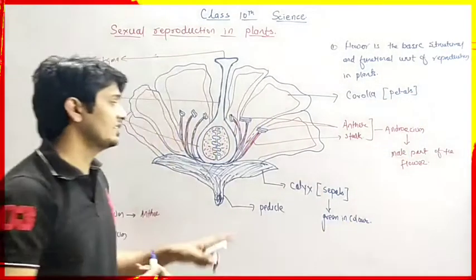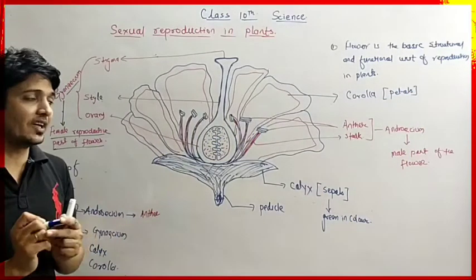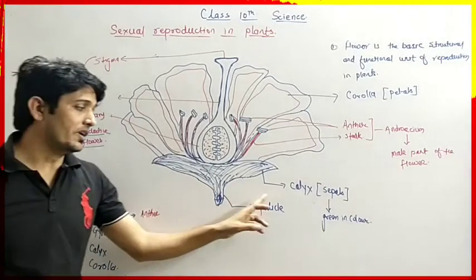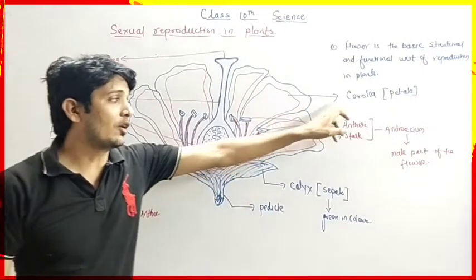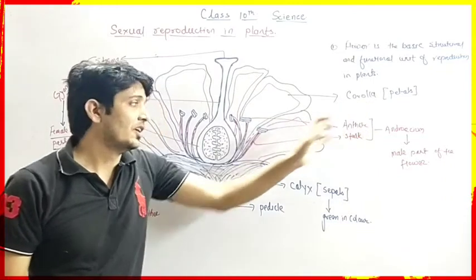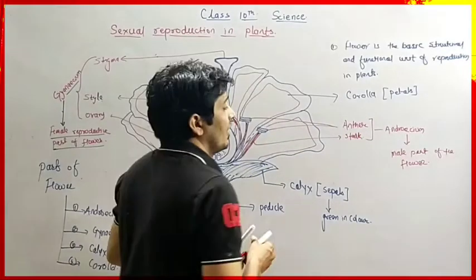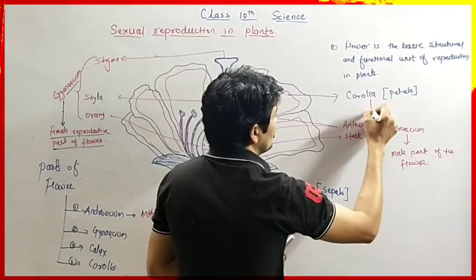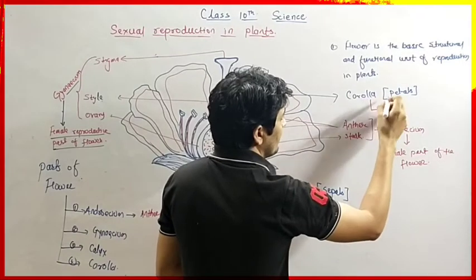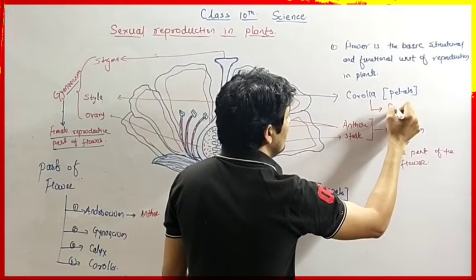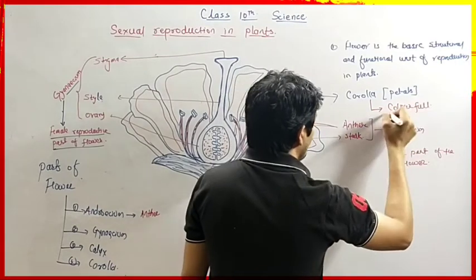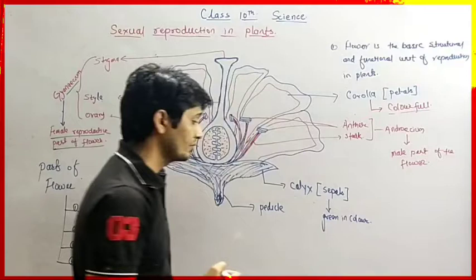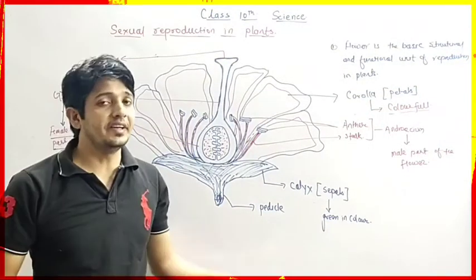So these are the different parts of the flower. One is calyx, then we have pedicel, and corolla, which are nothing but the petals. Petals are colorful or multicolored, present in different flowers, but sepals are generally green in color.